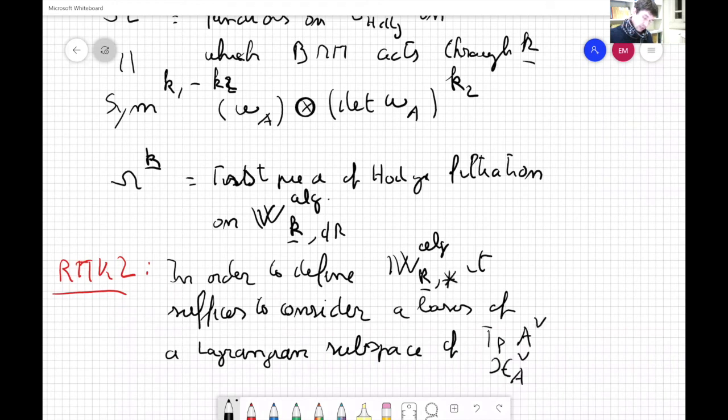Okay? So just fixing two elements that can be completed to a basis and that they pair through the symplectic isomorphism to zero, okay?